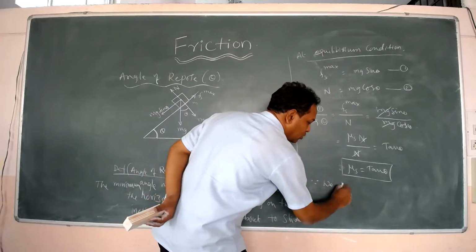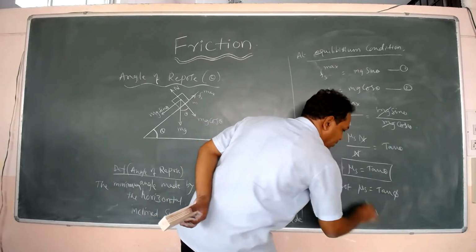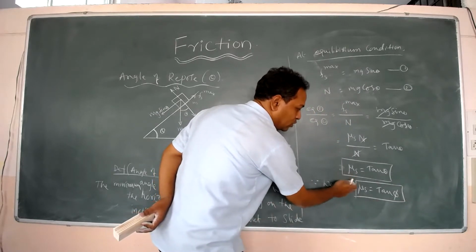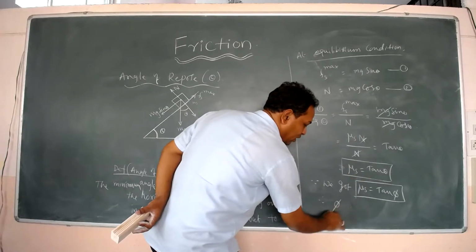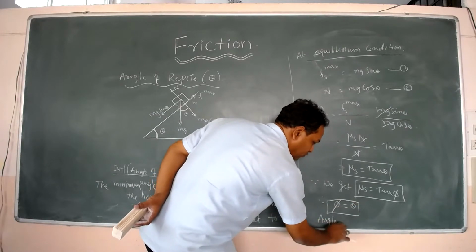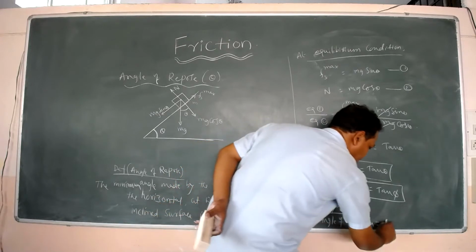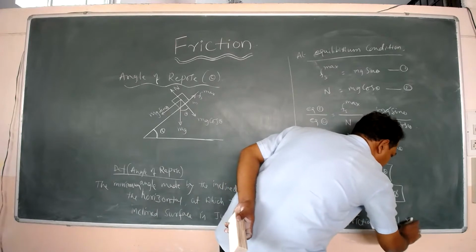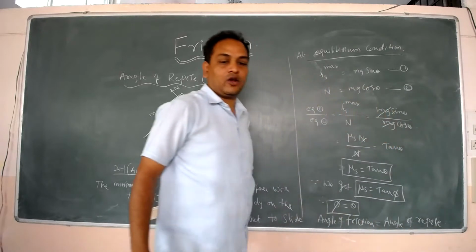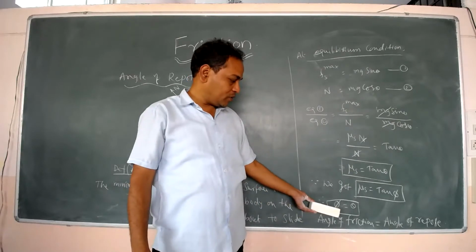Since we got mu s is equal to tan of phi, therefore from these two equations, we can say that phi is equal to theta. That means angle of friction is equal to angle of repose. So this is the relation. These two are equal.